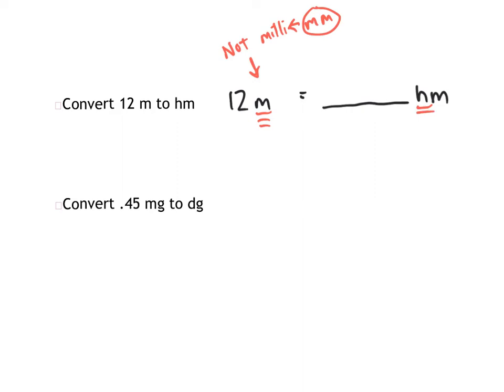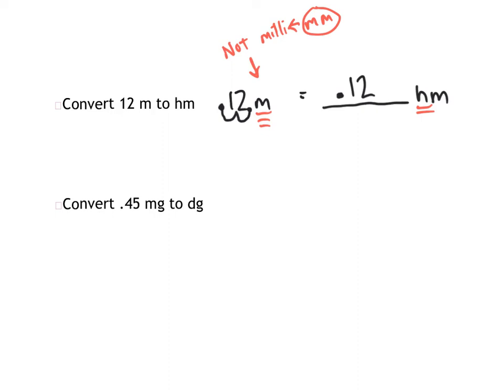Okay, so I got to move my decimal 2 steps to the left. Where is the decimal? It's at the end unless otherwise shown. So right there. And I'm going to take it 2 steps to the left. 1, 2. There's the decimal right there. So this is my new answer, 0.12. So 12 meters is 0.12 hectometers.